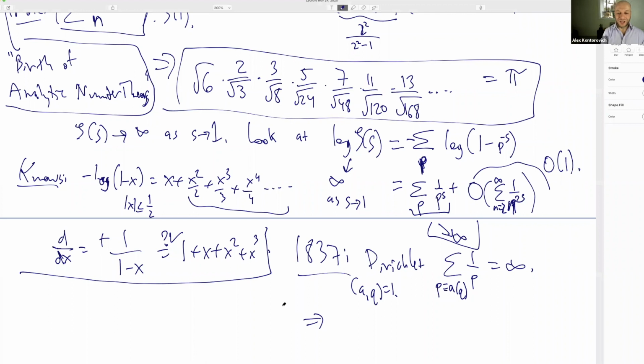So for example, this implies infinitely many primes end in 777, because 777 and 10 cubed are co-prime.